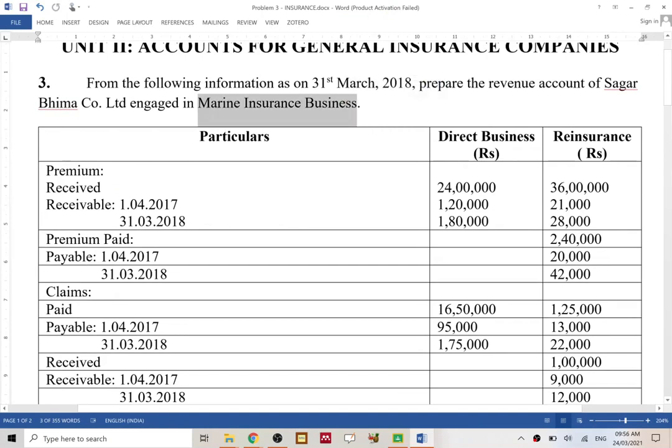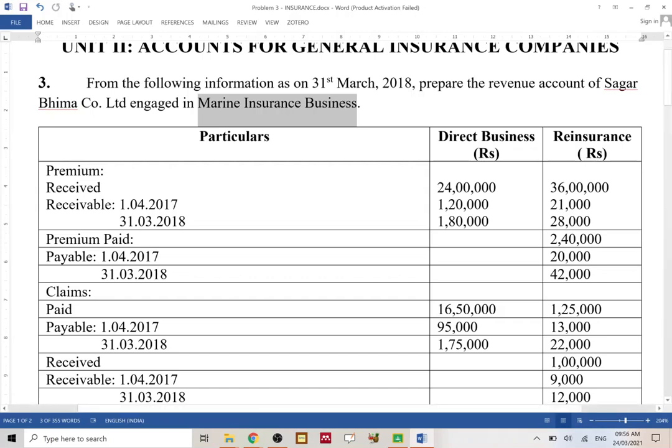Since we are dealing with general insurance, we had already discussed the different types, and so far we have looked at accounts of some fire insurance businesses. The type of items, expenses, and incomes you will see are not very different from fire insurance.